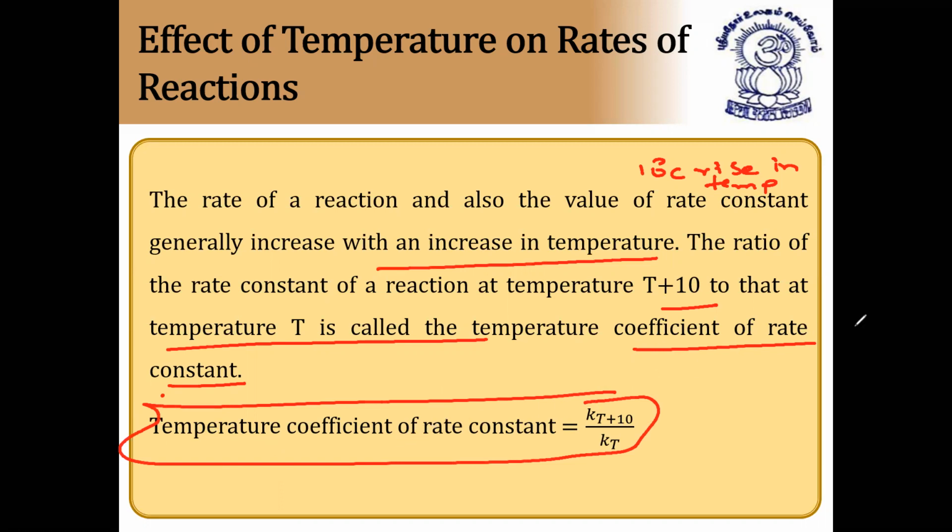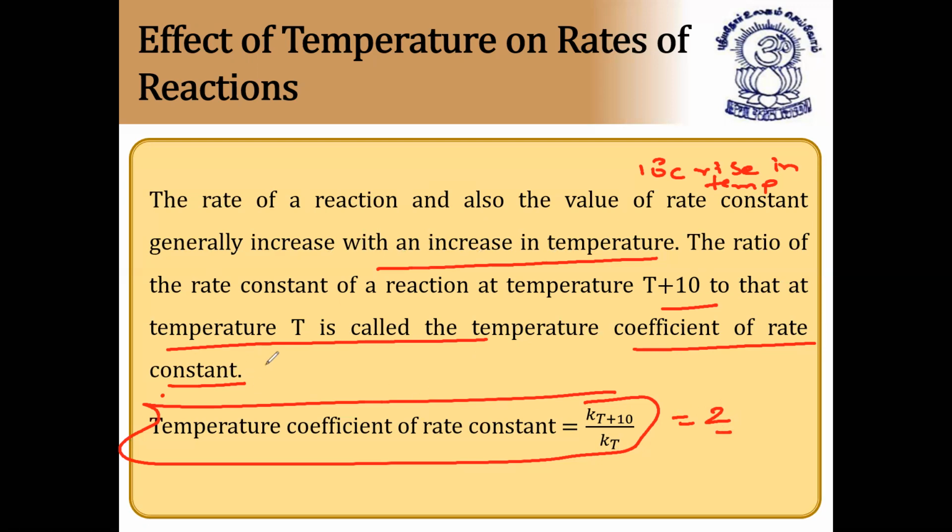It was observed that the rate of reaction and also the value of rate constant generally increase with the increase of temperature, and the ratio of the rate constant of a reaction at temperature T plus 10 to that at temperature T is called temperature coefficient. After calculation for first order kinetics, we got K(T+10) by K(T) is equal to 2.